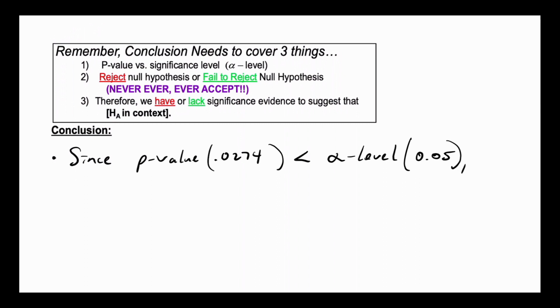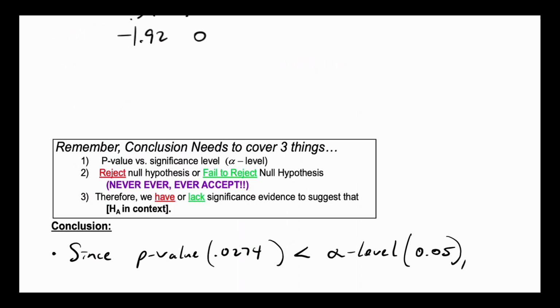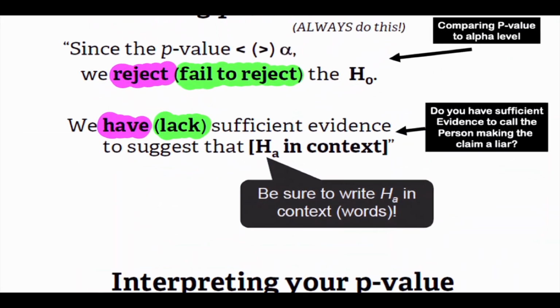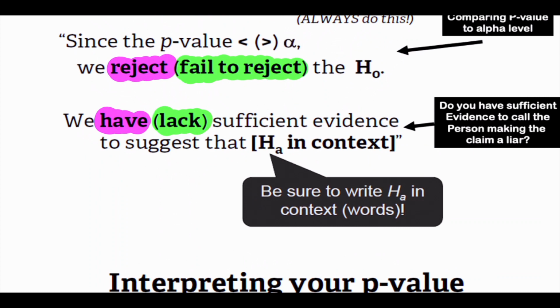Okay. So we have two options. Are we going to reject or are we going to fail to reject? How do we know? Right here. If p-value is less than alpha, we reject. If p-value is bigger than alpha, we fail to reject, right?